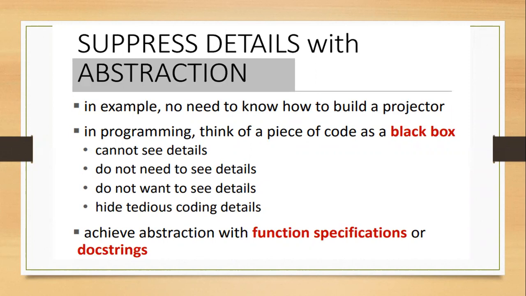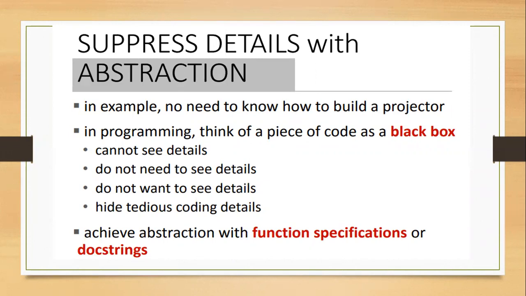In programming, think of a piece of code as a black box or a projector. You cannot see the details. You do not need to see the details. You don't want to see the details. You hide tedious coding details. If we were told that to use the projector we really have to understand the mechanics behind it, then everybody would be like, let it be, I don't want it.